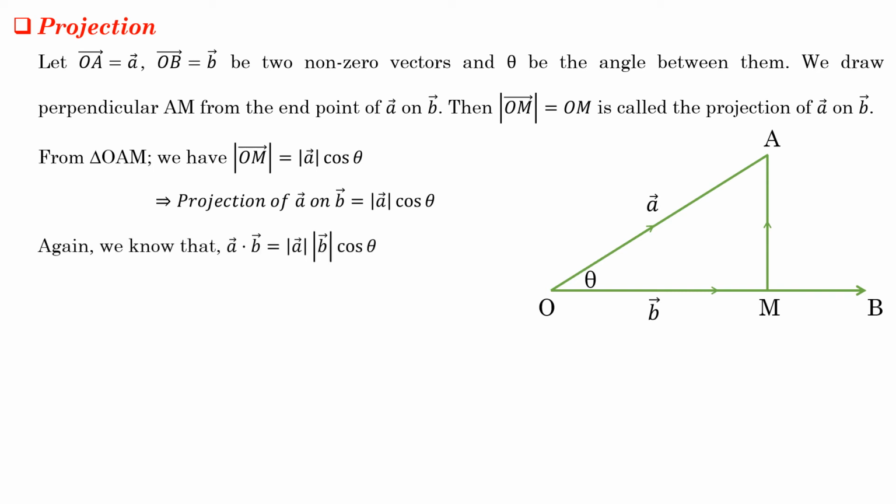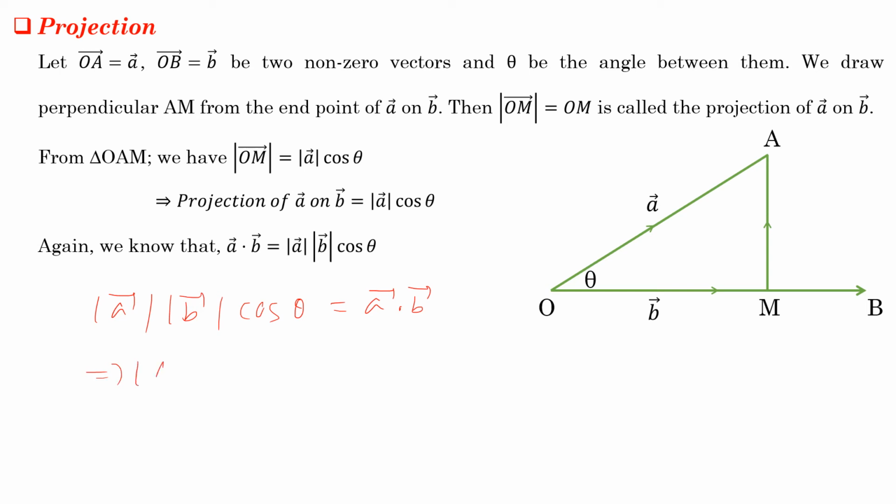So again, from the definition of dot product, A dot B is equal to mod A mod B cos theta. Then from this one, mod A mod B cos theta is equal to simply A dot B. But we can write it in this way, because mod A cos theta is the projection.